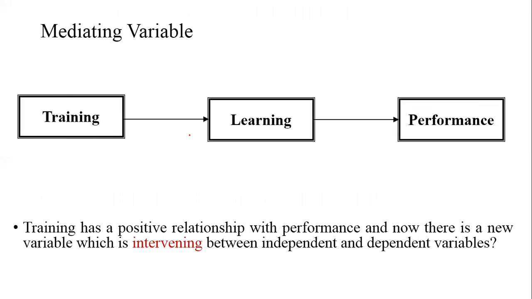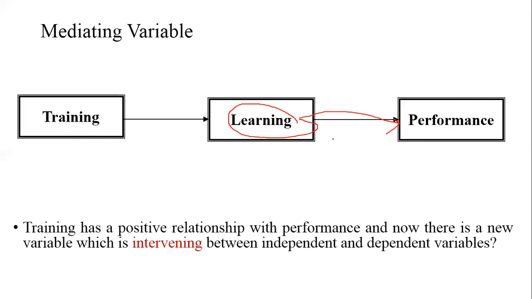The new argument is that training actually leads to learning, and then learning leads to performance. First we were saying that training has a direct relationship with performance. There might be a relationship, but the new argument is that if you get training and do not learn anything, you will not be performing anything.